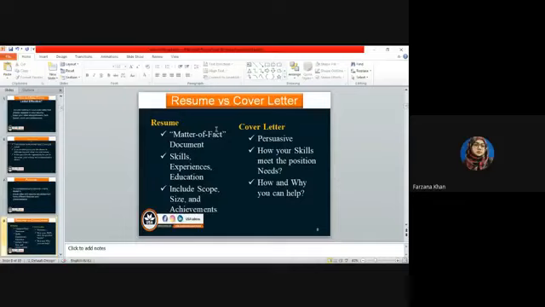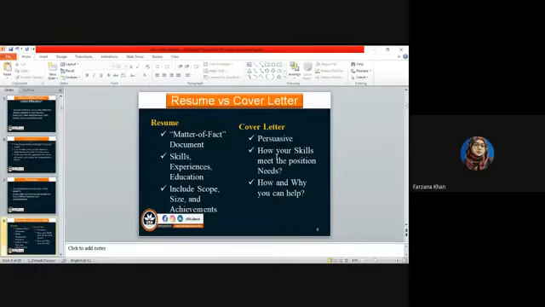But cover letter is basically persuasive. The cover letter is written to convince, to persuade the other person. In resume, you mention the skills, experiences, and education, and you give the detail about them.